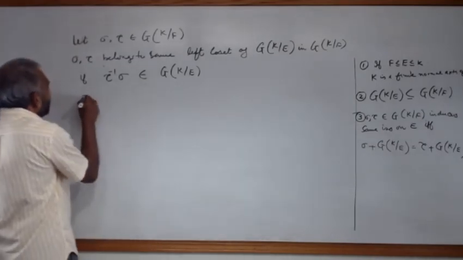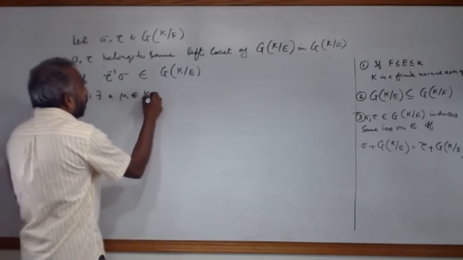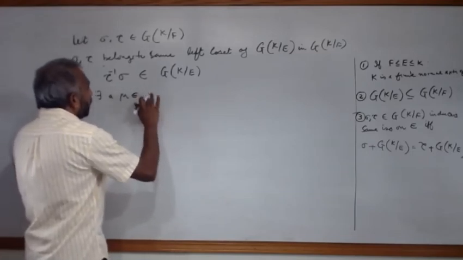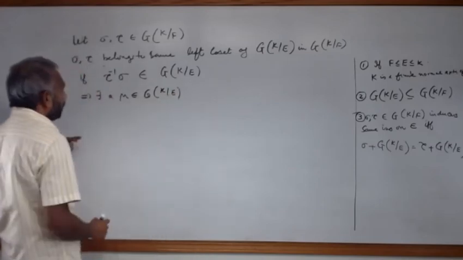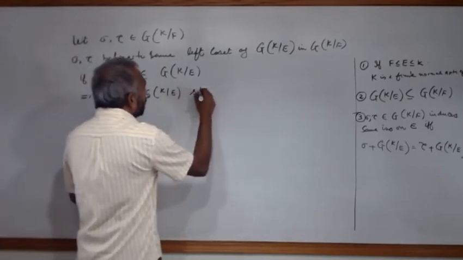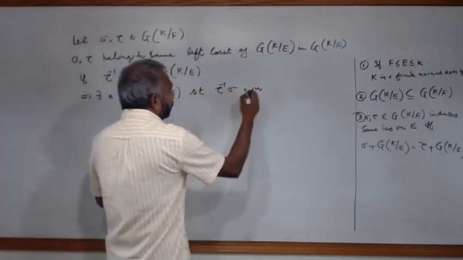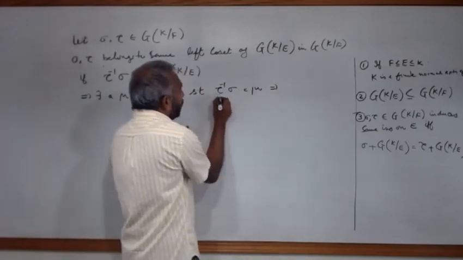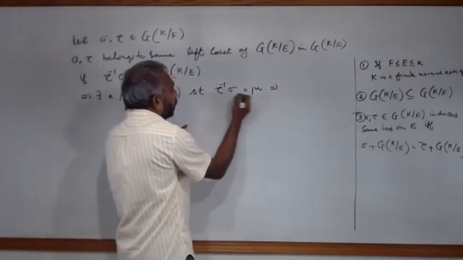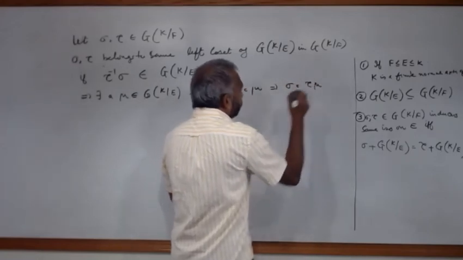So that implies there exists a mu in G(K/E) such that tau inverse sigma is equal to mu. And that implies, you compose tau on both sides, sigma is equal to tau mu.